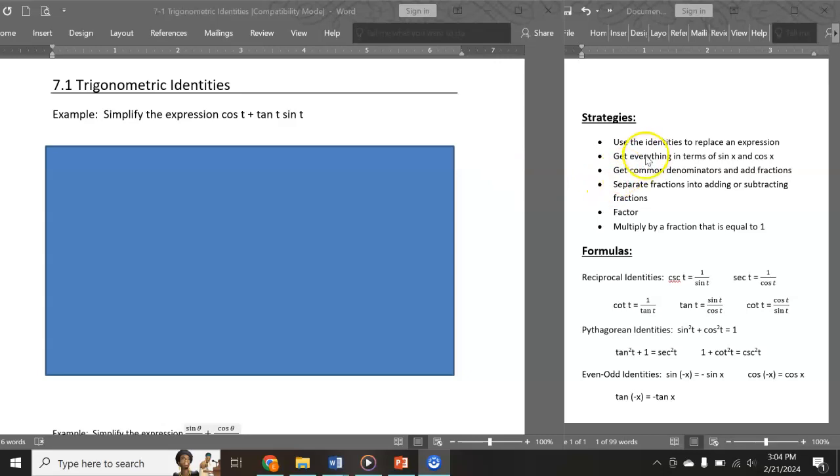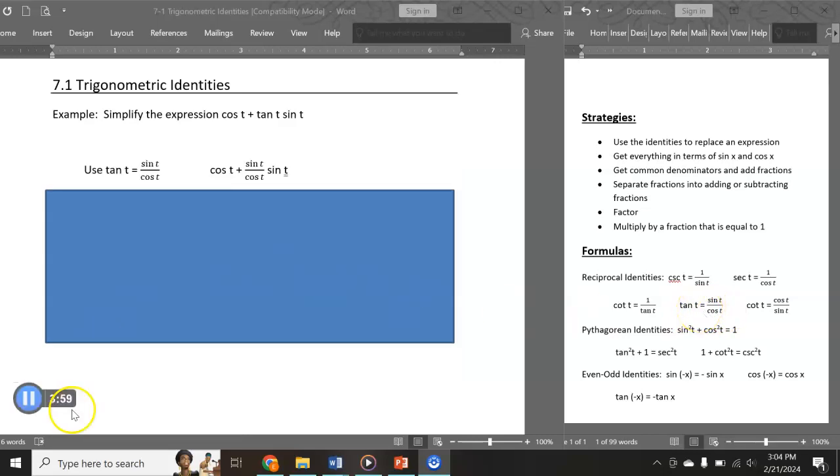In my case, I think getting everything in terms of sine and cosine might help me. So I notice that tangent is sine over cosine. So I'm going to replace tangent with sine over cosine, and that's this reciprocal identity right here. So that's my first step.